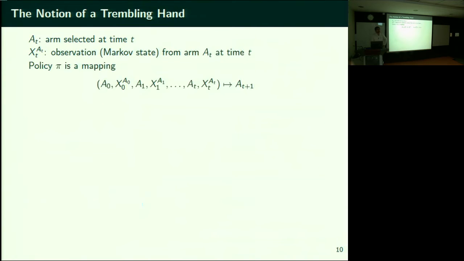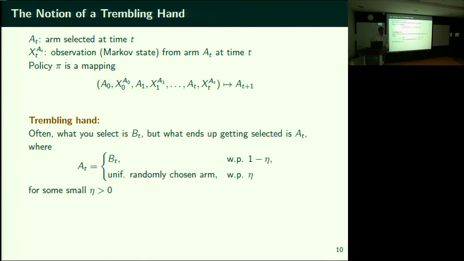So in these visual search experiments, often what is observed is the following. You want to look at a certain location, but then somehow you tend to sample a location that's different from that with a small probability. Mostly you will be focusing where you intend to focus, but you tremble a bit and then you focus at some other point. So this is what we are going to call a trembling hand. What is a trembling hand? You intend to focus at location BT. BT here is the arm, the movie location.